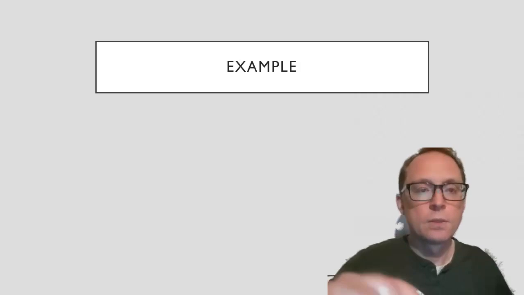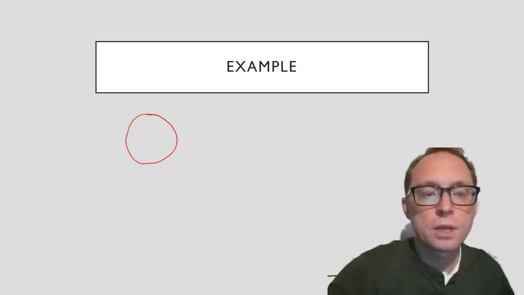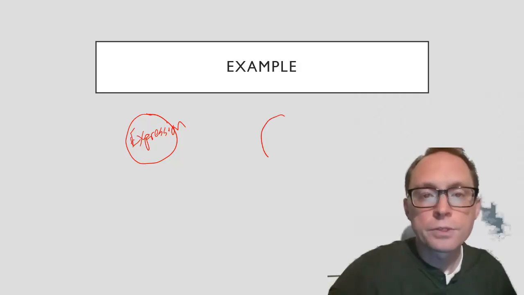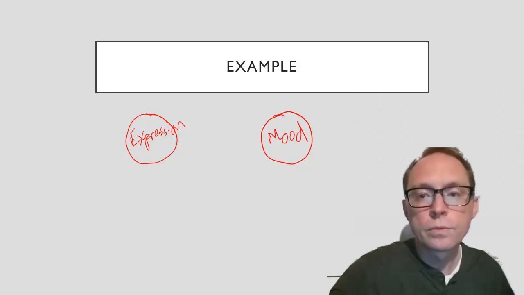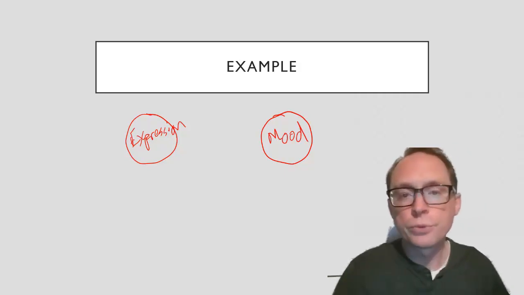All right. So what I am saying is I think that there's this concept called your facial expression, right? And I think there's this other concept called mood. So one conceptual variable is your expression, and the other conceptual variable is your mood.